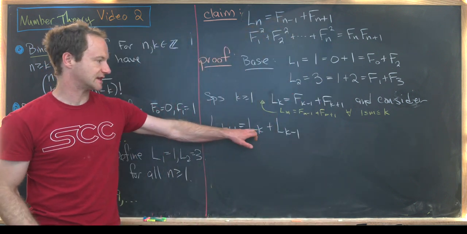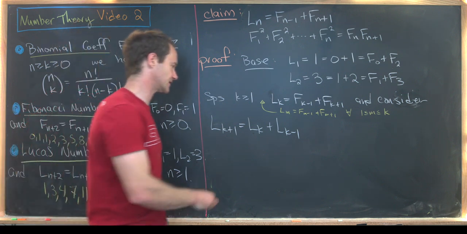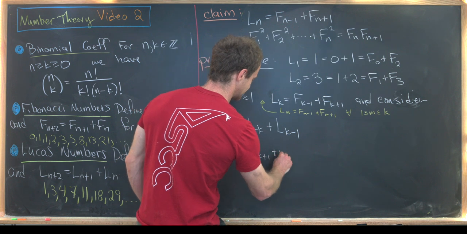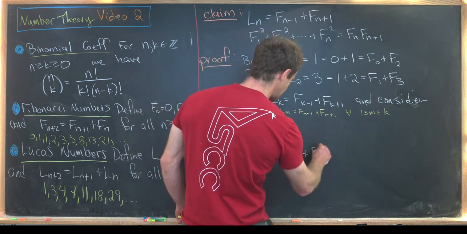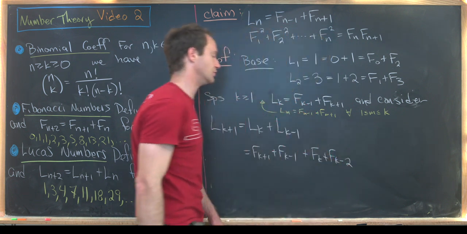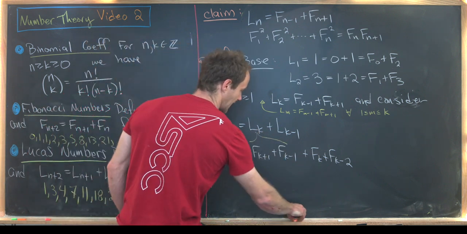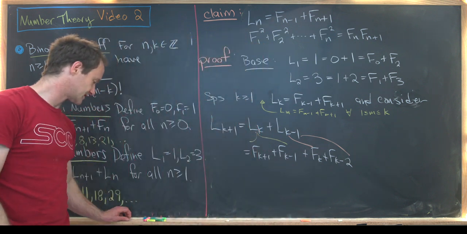So we'll apply it to the kth case here and the k minus first case here. So that's going to give us Fk plus 1 plus Fk minus 1 plus Fk plus Fk minus 2. So that's just how this guy expanded, and this guy expanded using our induction hypothesis.